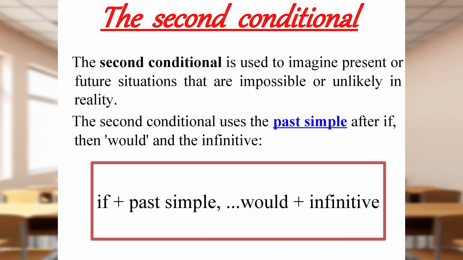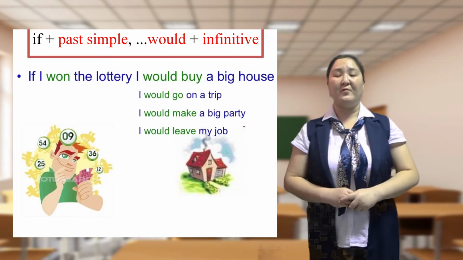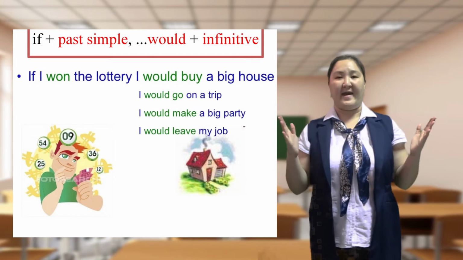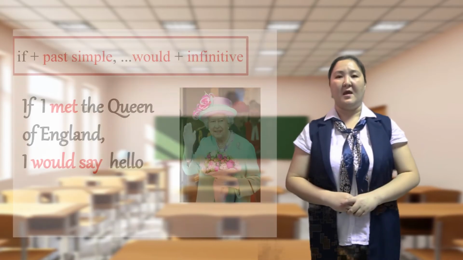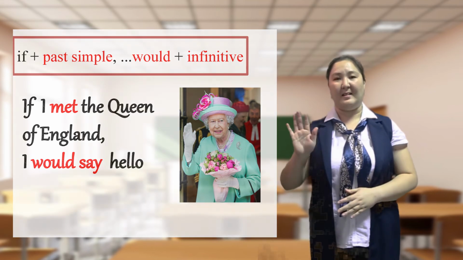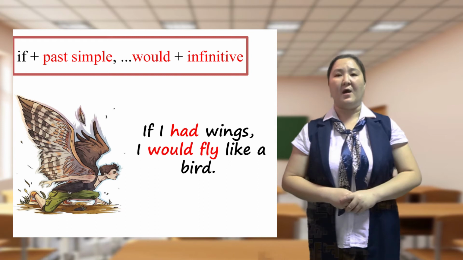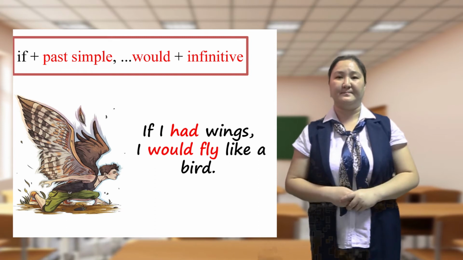The form of the second conditional is if plus past simple, would plus infinitive. For example, if I won the lottery, I would buy a big house. If I met the Queen of England, I would say hello. If I had wings, I would fly like a bird.